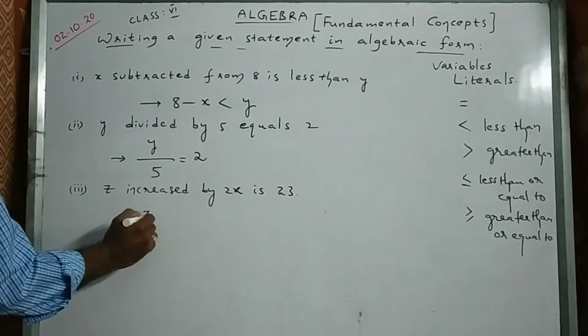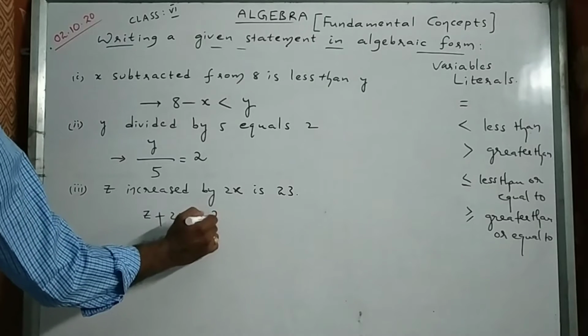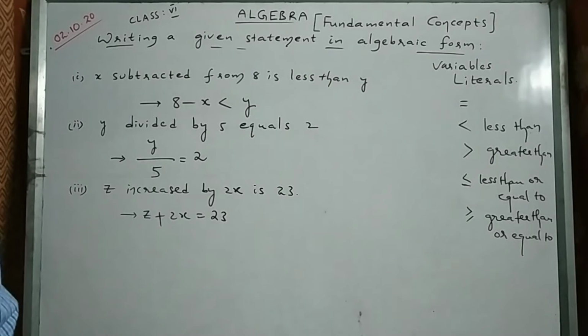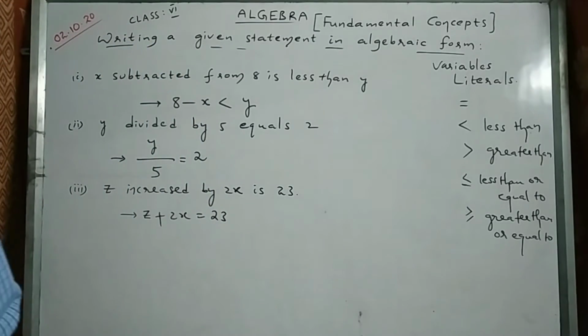So z increased by 2x, so z plus 2x is equal to 23. So that is called symbolic notation. So symbolically we write it z plus 2x equal to 23.